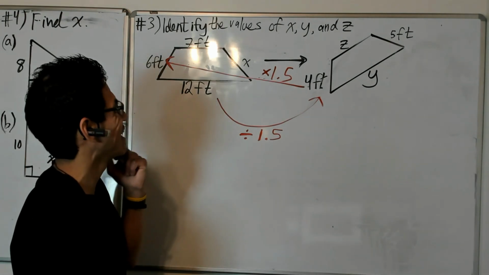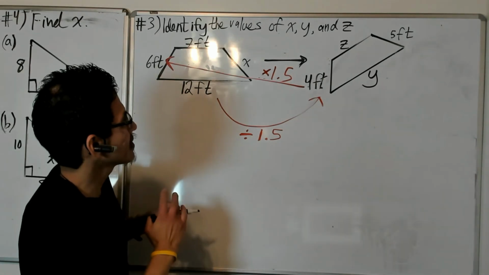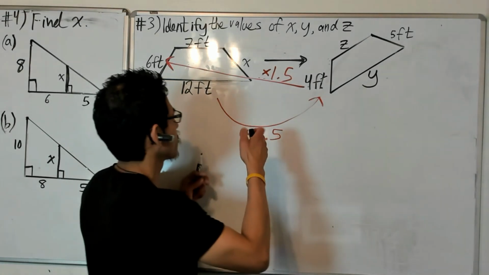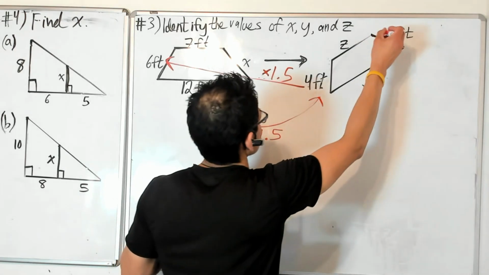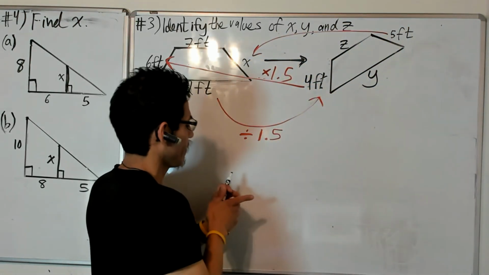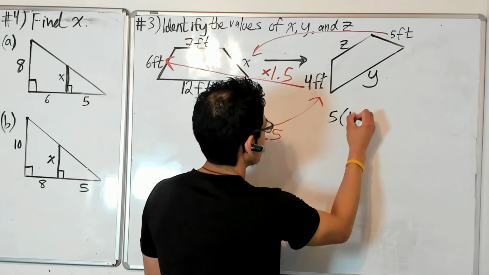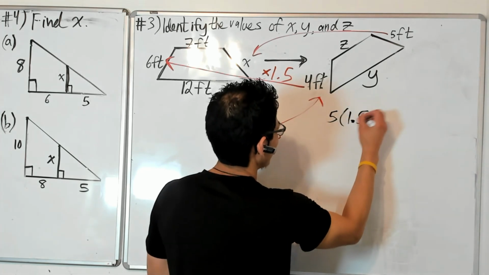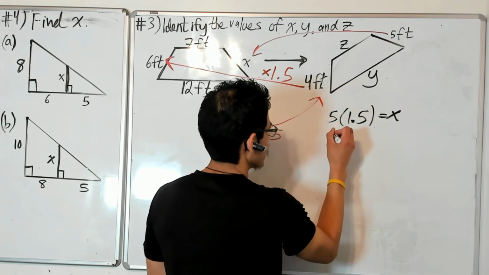Let's start with x. To get x, we're going to multiply the 5 by 1.5. So 5 times 1.5 equals x. And that means x equals 7.5.